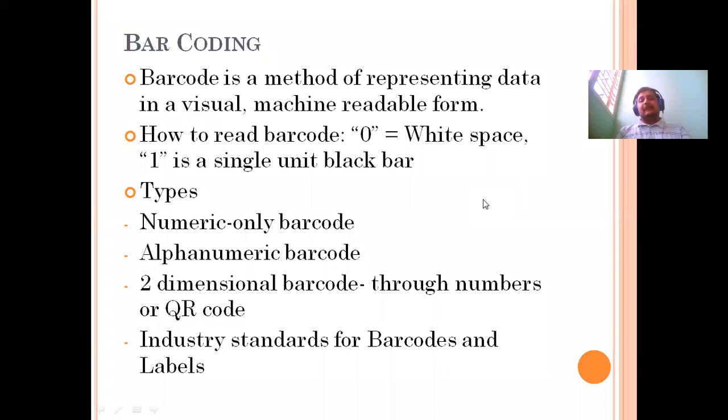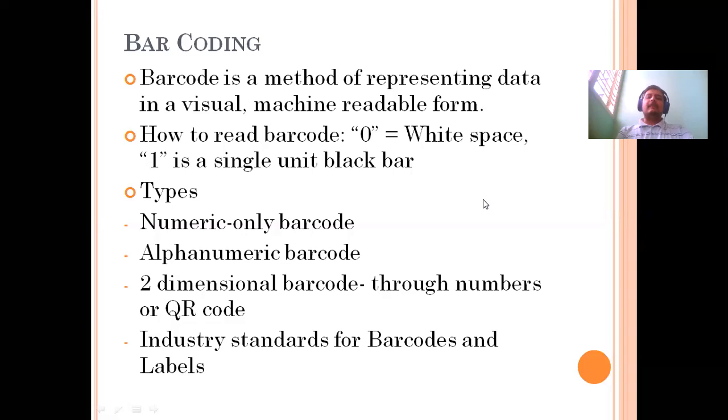So there are types: numeric only barcodes, where numbers will be given as 0, 1, 2, 3. Like that, we make a combination of 0 and 1, and we create those numeric barcodes.